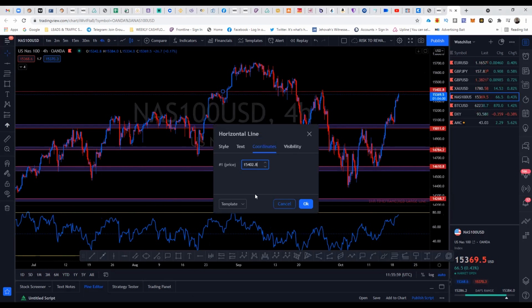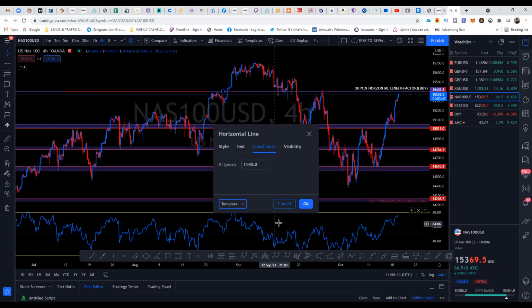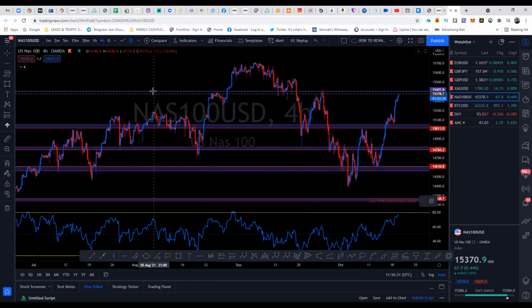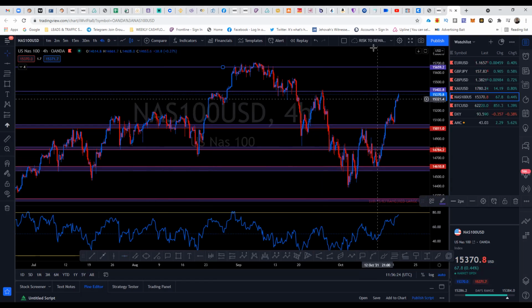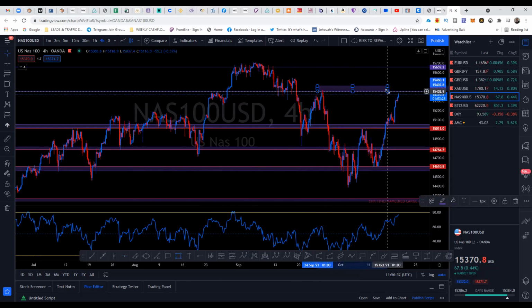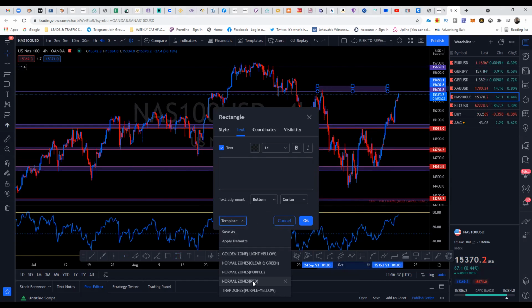We want to make this, let's see, could make it purple, but I'm going to take the text out. Mark another one up here, same way. And then we're going to make these zones. Could make them purple. I don't want to make them red as a definition of the supply zone.